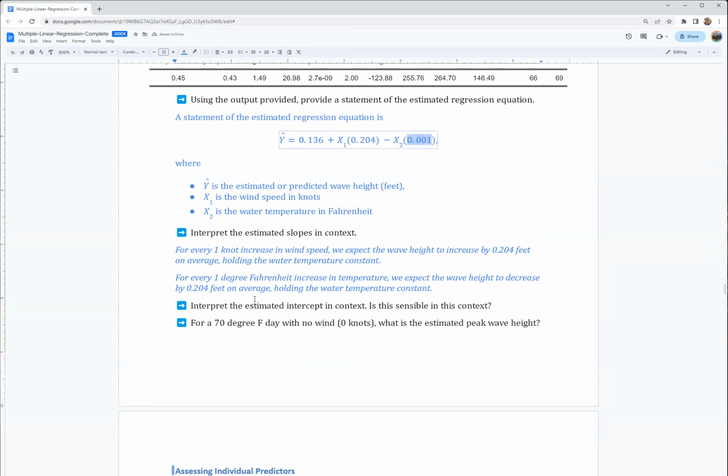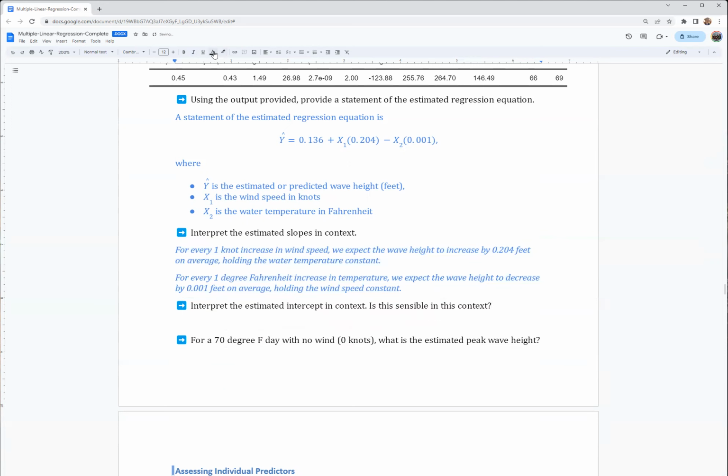We expect the wave height to decrease by 0.001 feet on average, holding all other predictors constant. In this case, the other predictor is wind speed. Great, so that's how we can interpret each of the two slopes here.